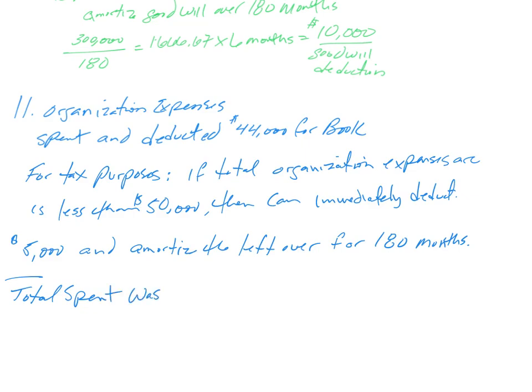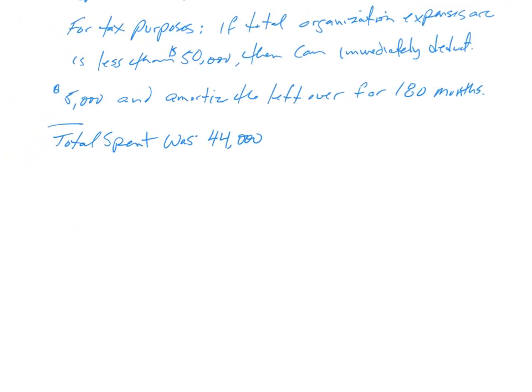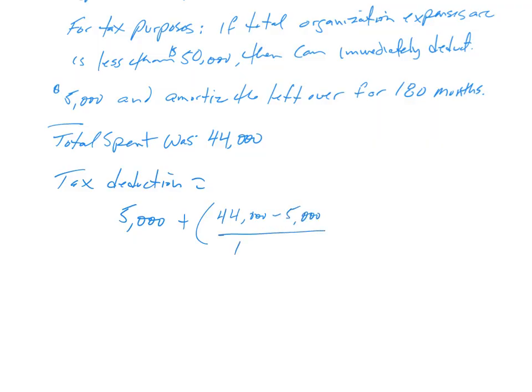total spent was $44,000. So tax deduction equals $5,000 plus, okay, so you've got that 5,000 plus what's left after you subtract out that 5,000 from the total, divided by 180 months.